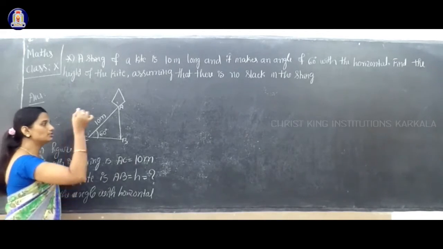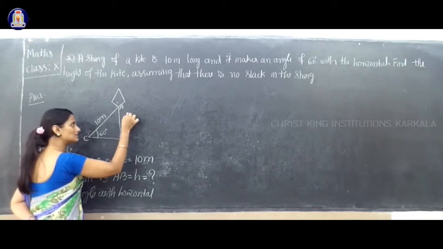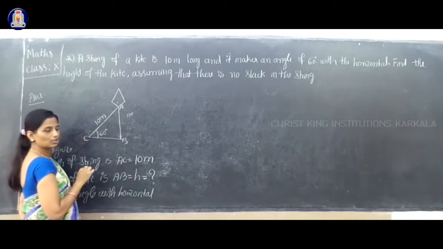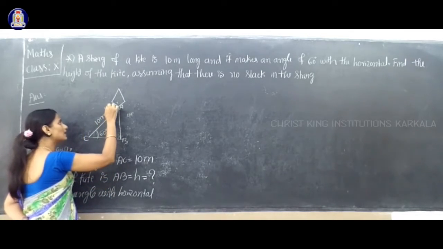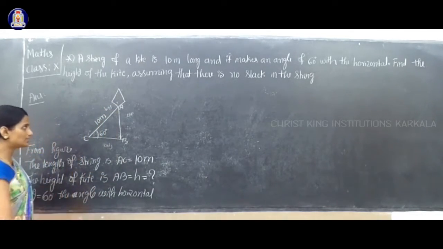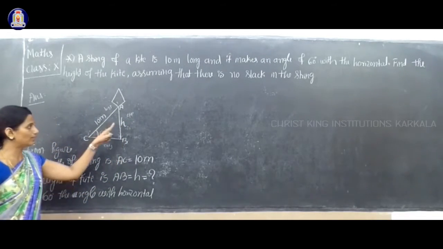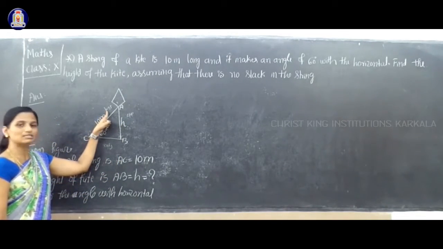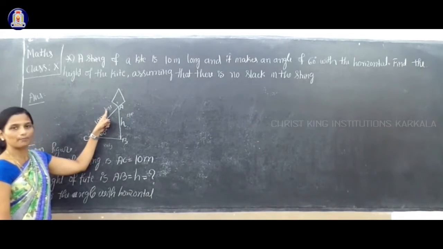Now here, which trigonometric ratio is better? With this 60 degree angle, this side is the adjacent side and this side is the hypotenuse. Which side is to be found? To find is h. Given is the hypotenuse side.